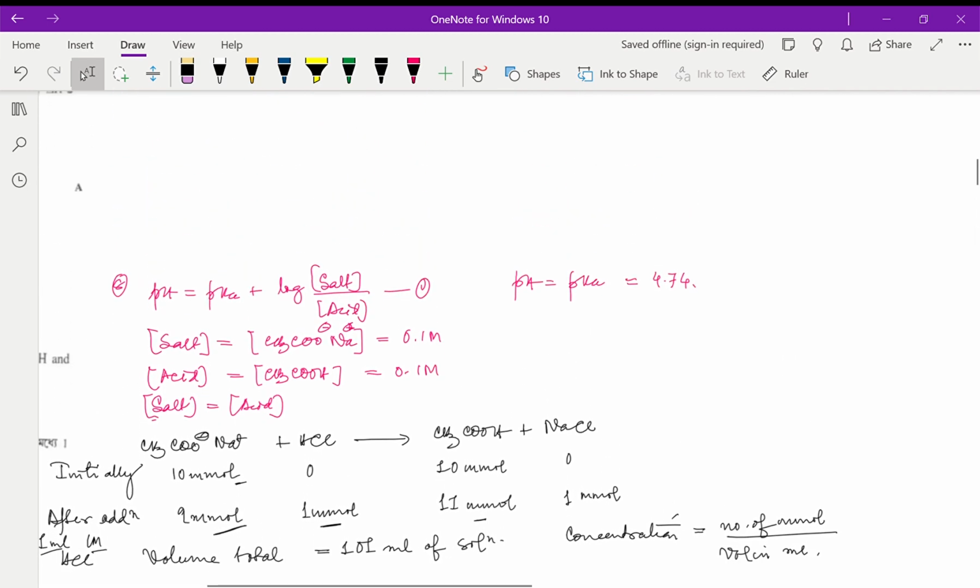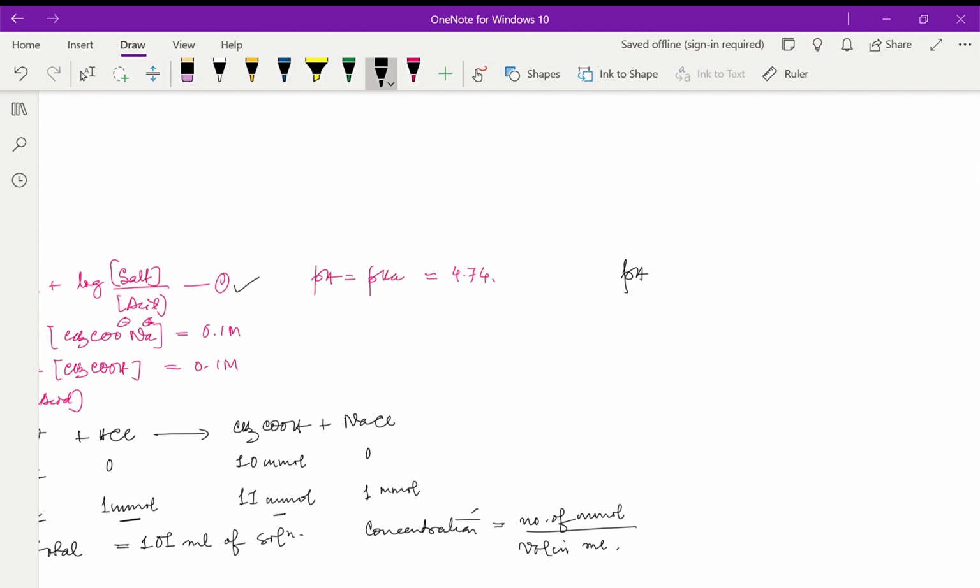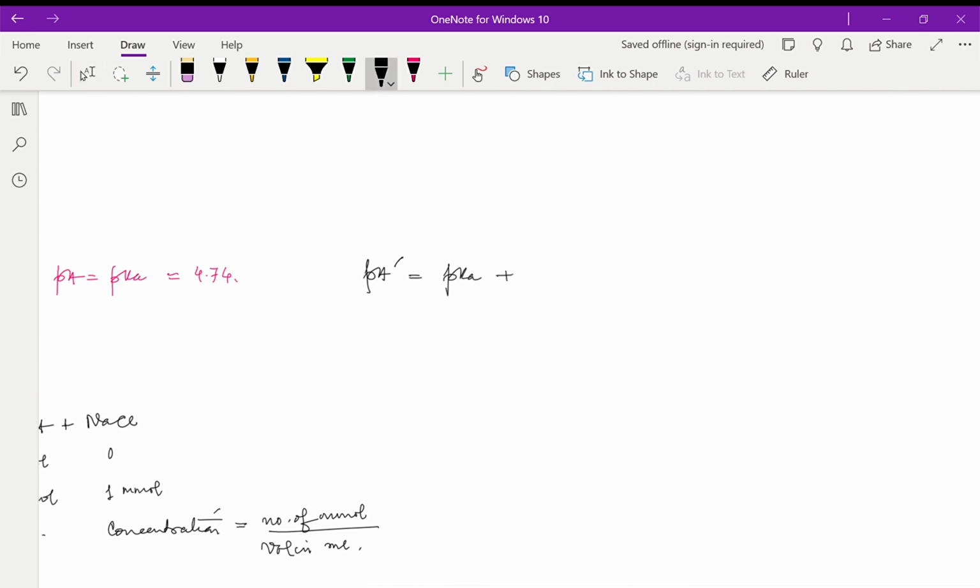Using that and putting the same things in equation 1, the pH, say, this is the new one, pH prime, is going to be pKa plus log of the salt concentration divided by that of the acid, and that is equal to pH plus log of salt by acid.